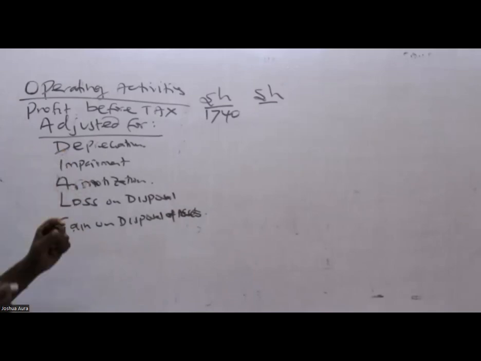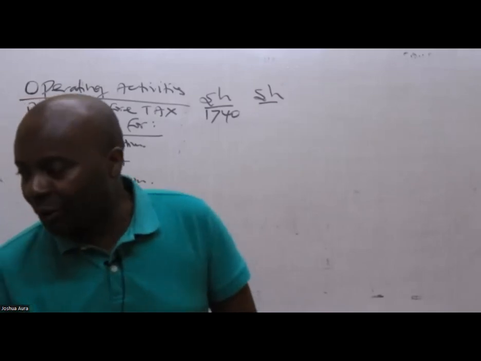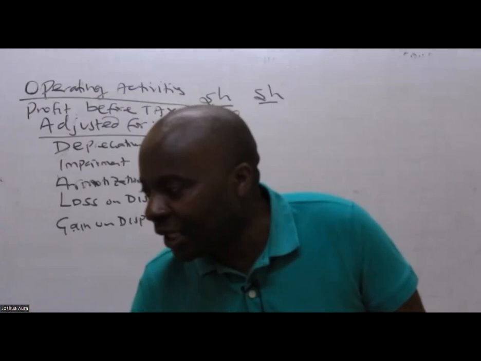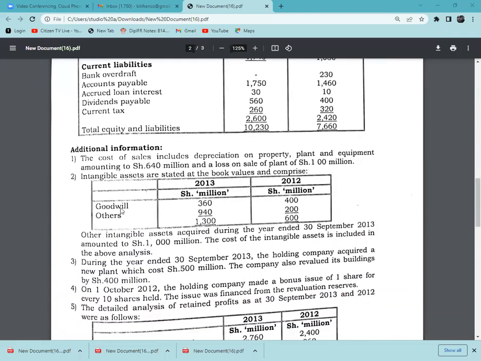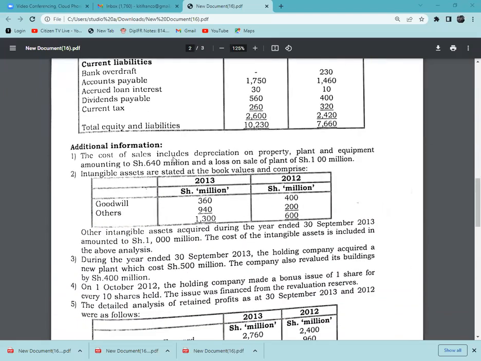So ladies and gentlemen, we have the question here. Are you able to see in this case any depreciation? Yes. If you look at note number 1, the cost of sales includes depreciation of PPE amounting to 640 and a loss on sale of plant of 100 million.